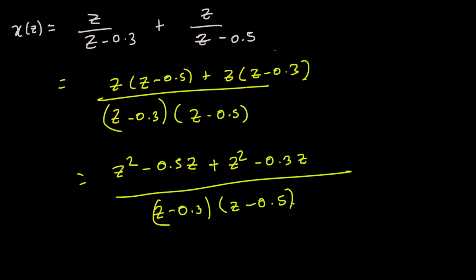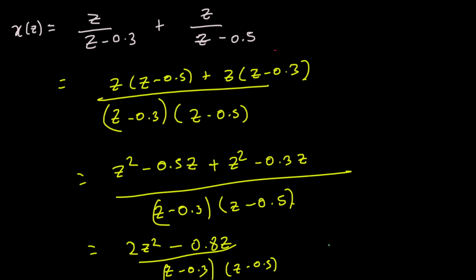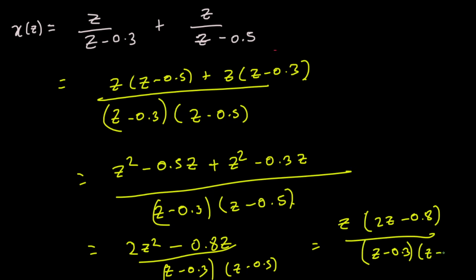Now we can simplify this further by combining like terms. So 2z squared here, and then minus 0.5 z minus 0.3 z, which is minus 0.8 z, divided by z minus 0.3 times z minus 0.5. If we take z common on top, that gives us z times (2z minus 0.8) divided by (z minus 0.3)(z minus 0.5).